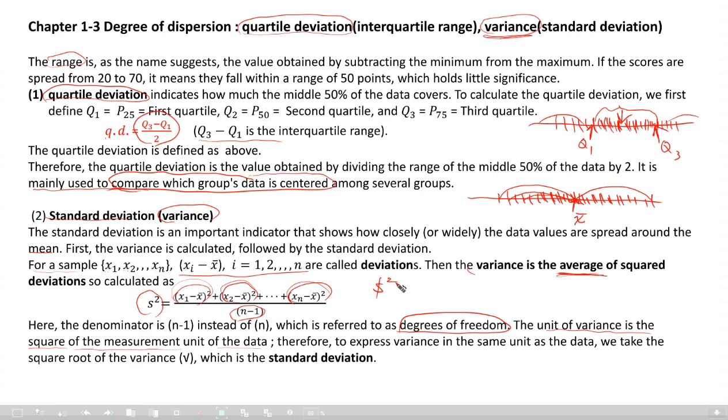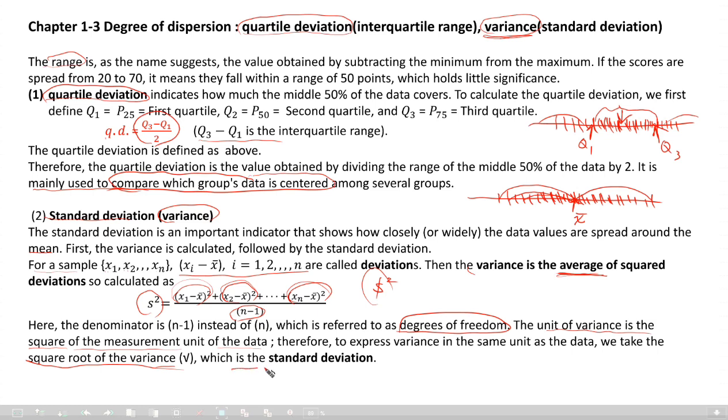What is a dollar-squared unit? We do not understand; we cannot imagine that kind of scale. So how to handle it? Take the square root of the variance, and then the result has dollar unit, the same measurement unit as the data.